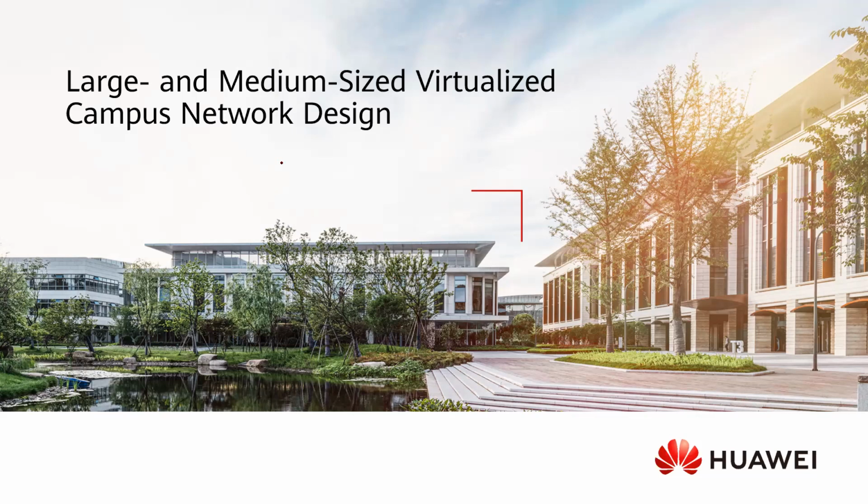For the small and medium-sized cloud managed campus network, we will introduce it the day after tomorrow. Today, we'll introduce how to design this kind of campus network, and tomorrow, we will introduce how to deploy the virtualized campus network, and we'll introduce an experiment on it.